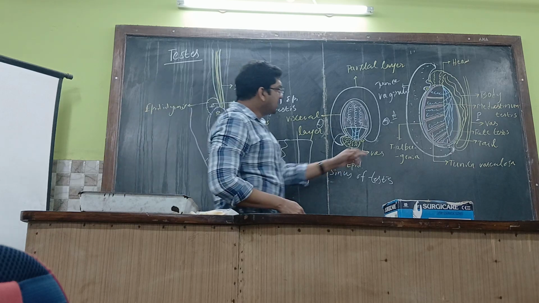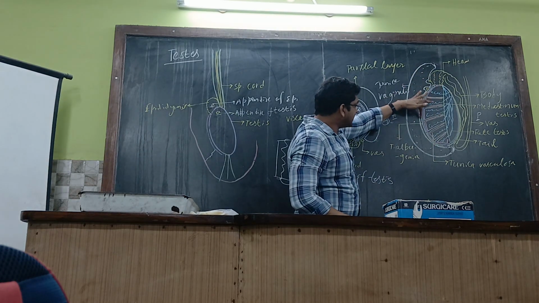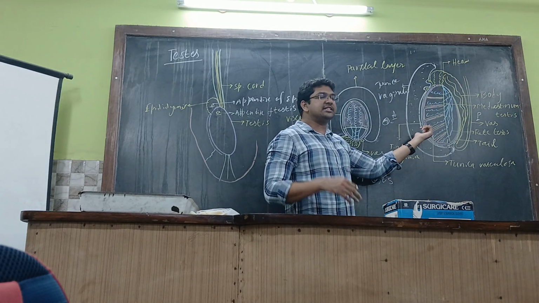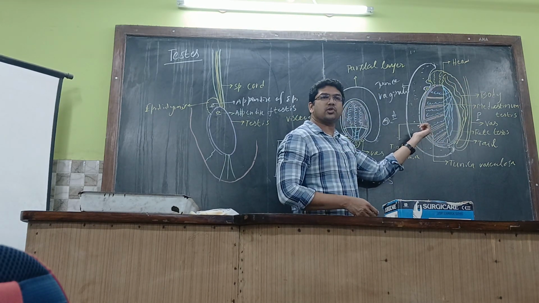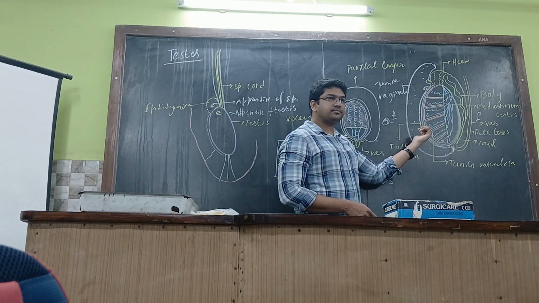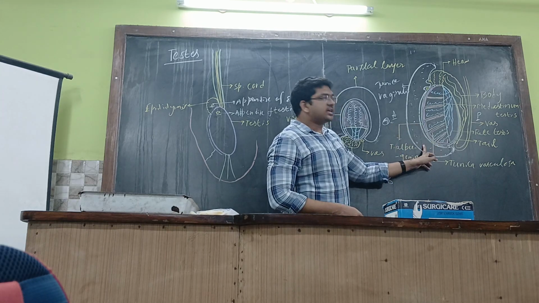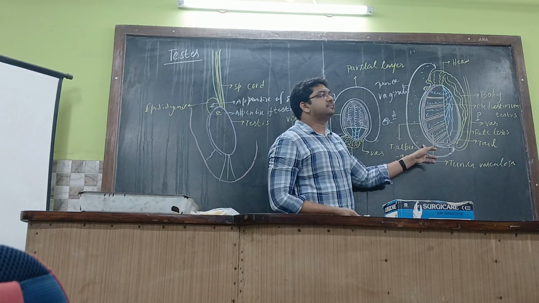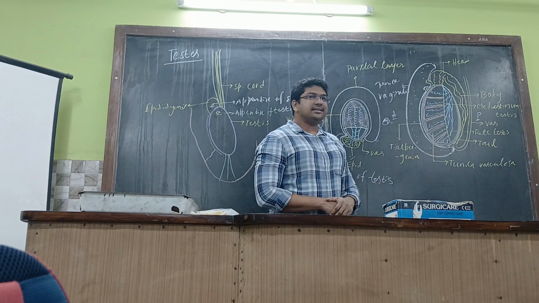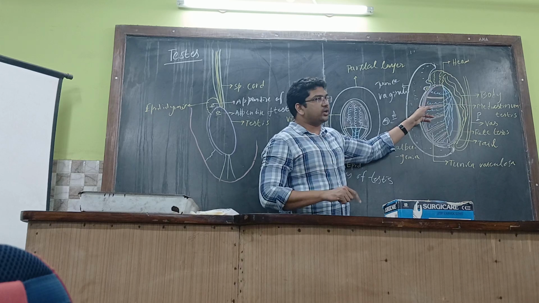The next layer of the testis which is covering is the fibrous layer, the tunica albuginea. It is made up of which structure histologically? Simple, no? The tunica vaginalis is made up of which structure? Peritoneum. So obviously squamous epithelium along with loose areolar connective tissue.